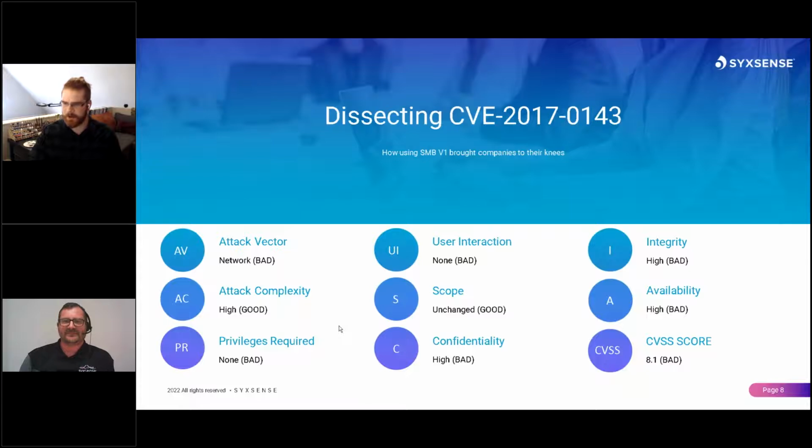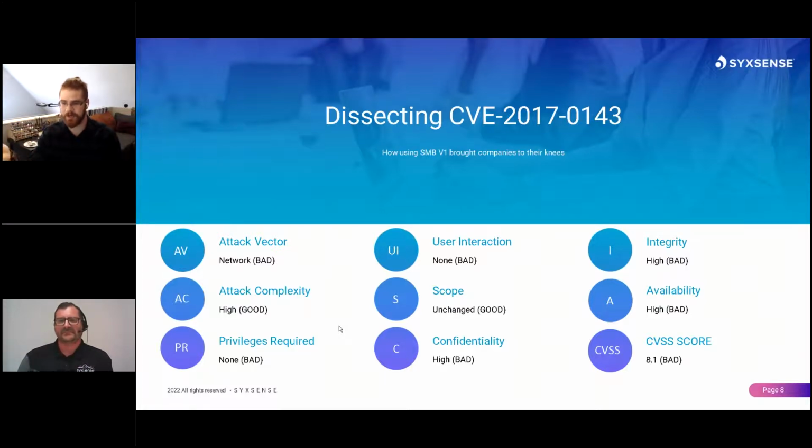Cool. So on this slide, we have a little bit of information about this particular CVE. We can see that it's a network-based attack. It has high complexity for the attack, which is a good thing. We don't want an easy attack vector, but it doesn't require any privileges to execute, which is horrible. There's no user interaction required.